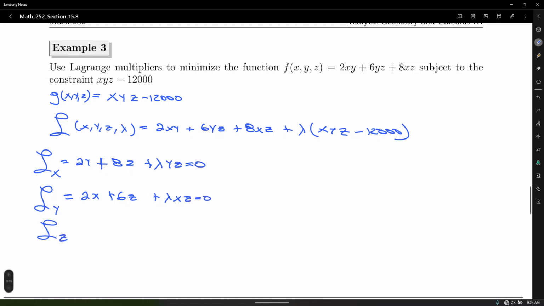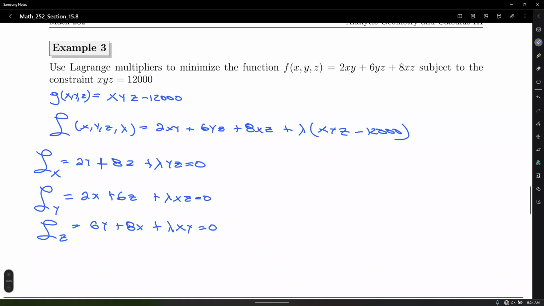Lagrangian with respect to z: 0, 6y plus 8x, the derivative of z is 1 times the coefficient xy, plus lambda xy. Also set it equal to 0.